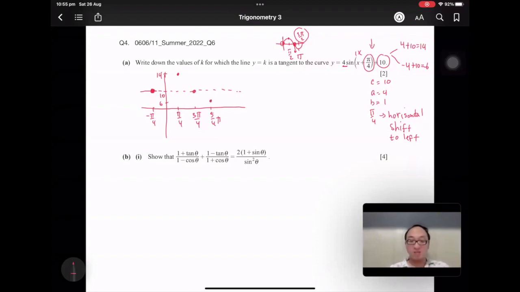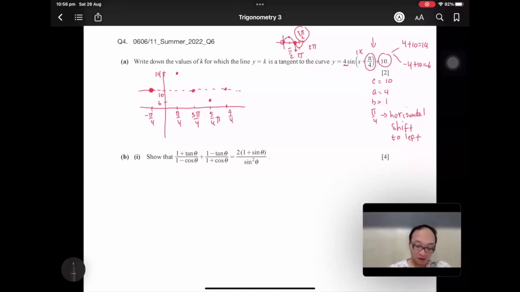And then 0 again at 2 pi shifted by pi over 4 to the left. So this will be equal to 2 pi minus pi over 4, which equals 7 over 4 pi. So it will be like this.